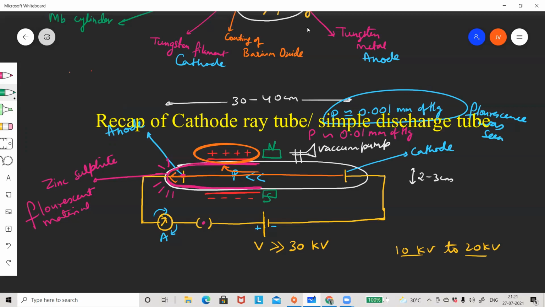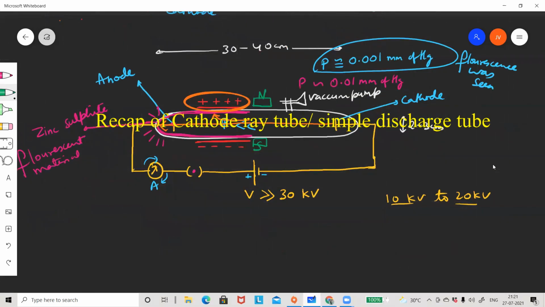Cathode rays were first discovered by William Crookes. J.J. Thomson, by that time, had given the charge to mass ratio of the electron. He calculated it to be approximately 1.75 into 10 to the power 11 coulomb per kilogram.